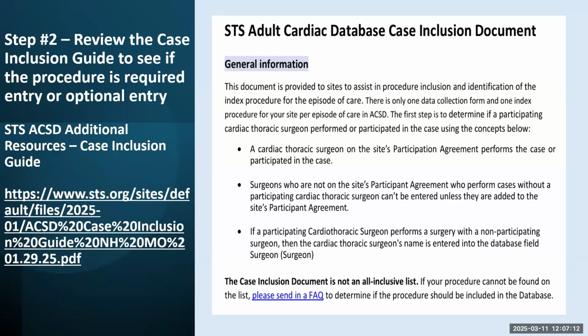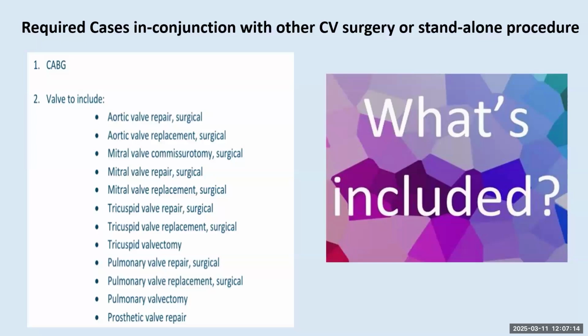Okay, so let's start with the required entry cases. These are cases that are done in conjunction with other CV surgeries or are standalone procedures. So CABGs, any kind of CABG, are included.